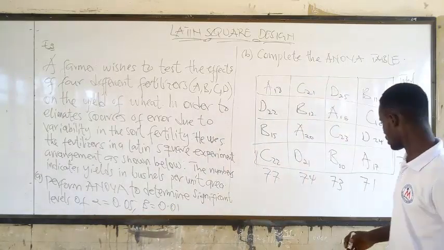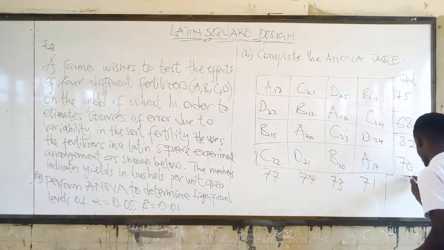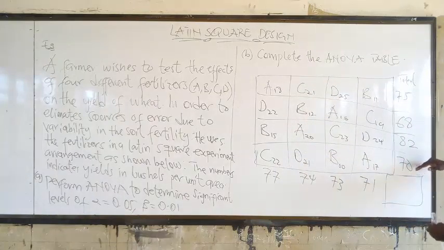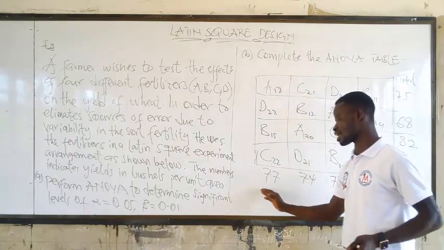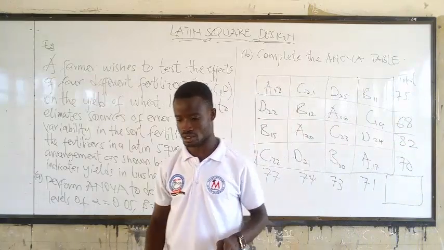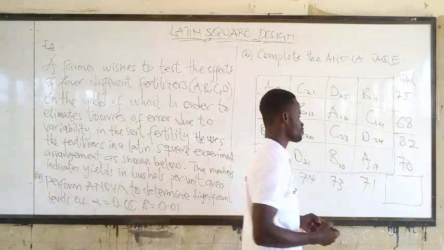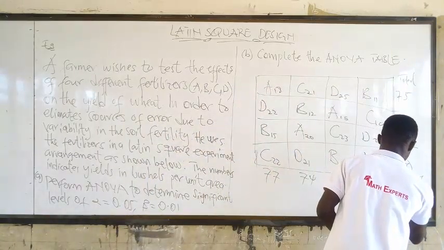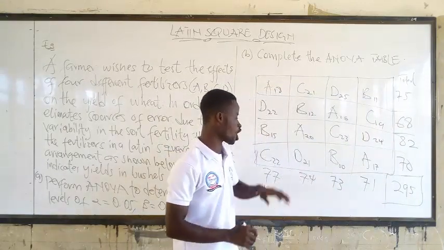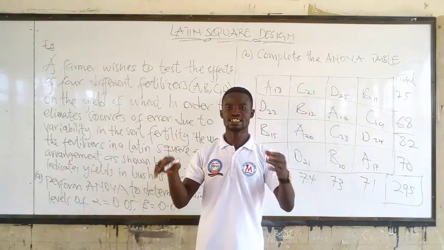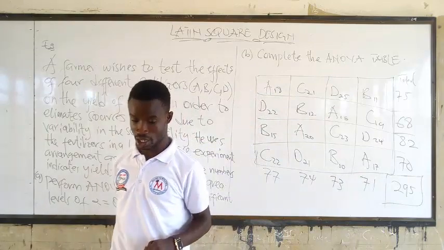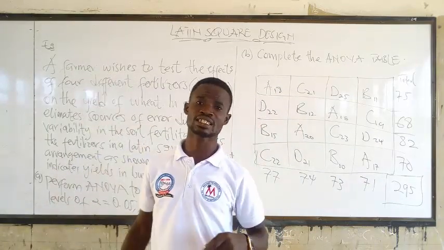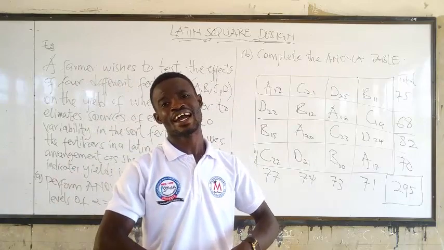In the same way, when you add what is here and what is here, you have to get the same results. And your results will be 295. So the result on the row and the column is the same thing as 295. If you don't get the same, it means you are wrong. Okay?